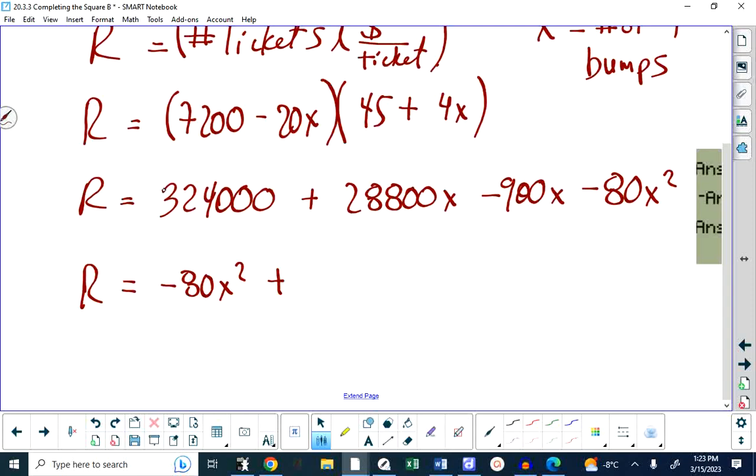We need to subtract 28,800x minus 900x, which is 27,900x. And we're going to have the plus 324,000 over here because we need to add something. Well, I guess we're not going to add yet. What else do we have to do? Factor out that negative 80.